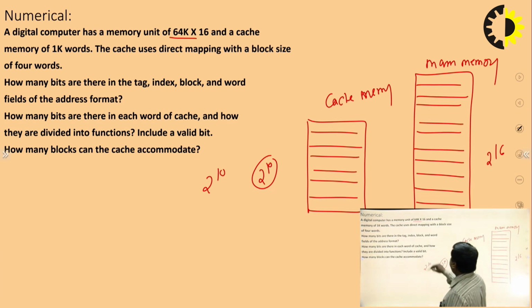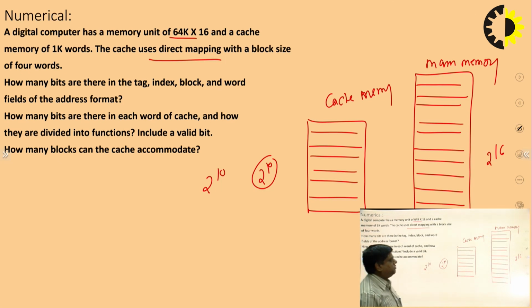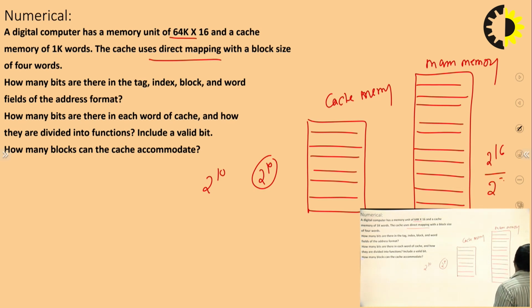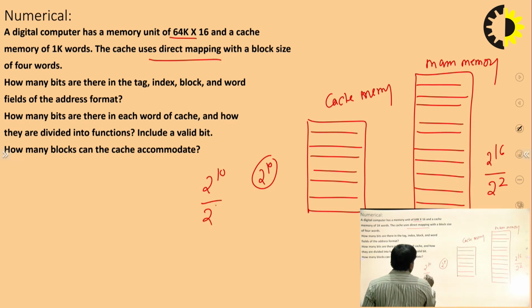Cache using the direct mapping, and each block can accumulate 4 words. It means 2 to power 16 is divided by 4, and 4 means 2 to power 2. So here it is divided by 2 to power 2, and here is also divided by 2 to power 2.